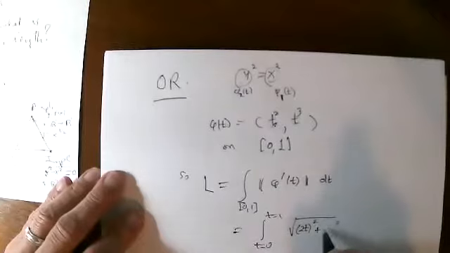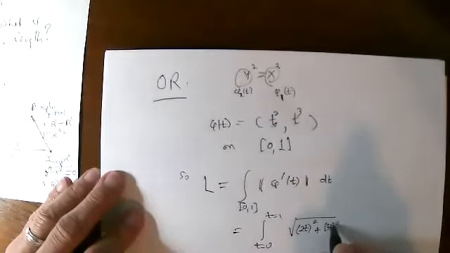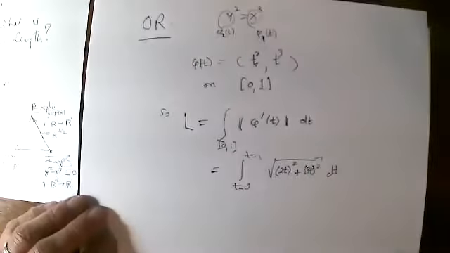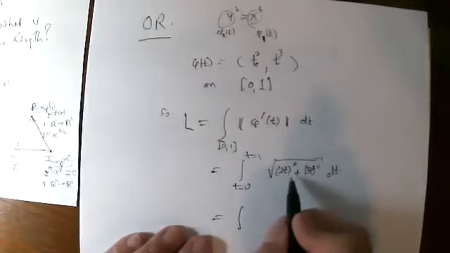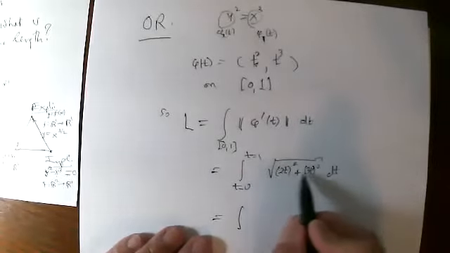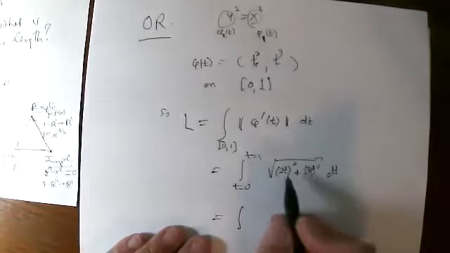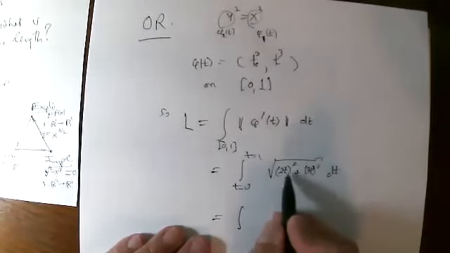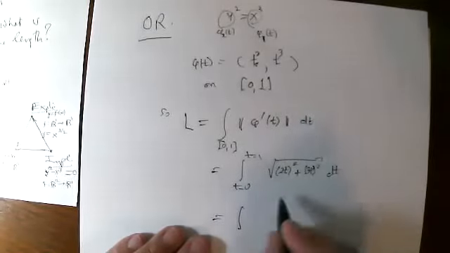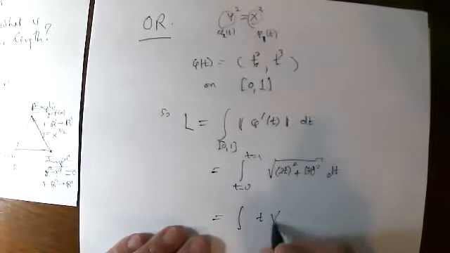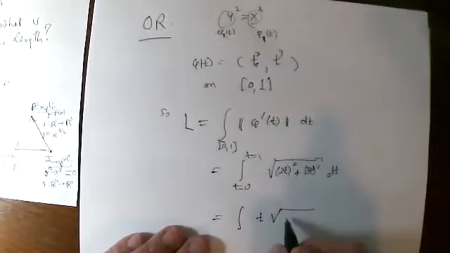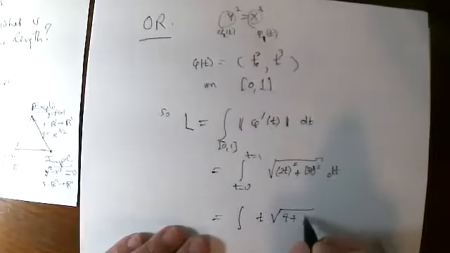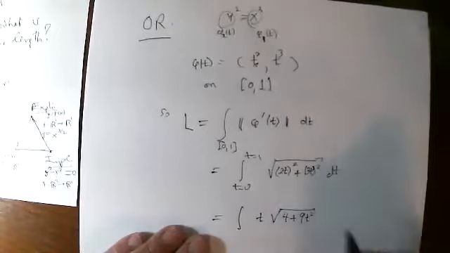There's a 2t for one and a 3t squared for the other. So if you try to evaluate this integral, you'll see that you have a factor of t squared dividing both of those summands, you could factor that out and then bring it outside of the integral sign. So this would be what would remain from that. After I pull out the factor of t squared, what remains here is a 4 for that one and a 9t squared for that one.